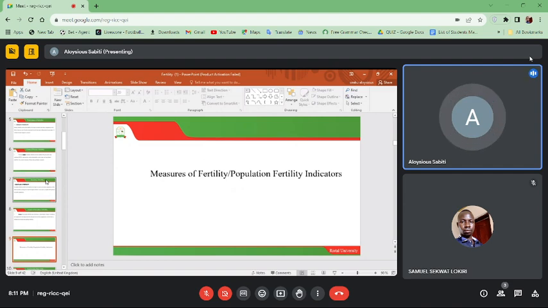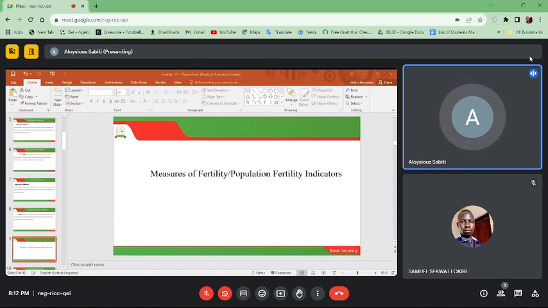We were able to mainly go through some of these measures, for those who were able to attend our previous modules, on I think it was the introduction to demography. So we were able to look at some of those measures.